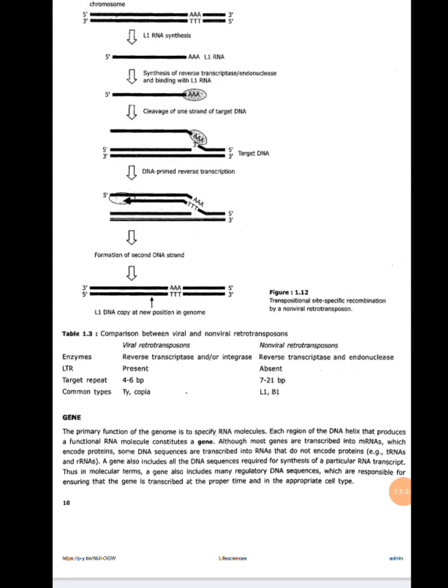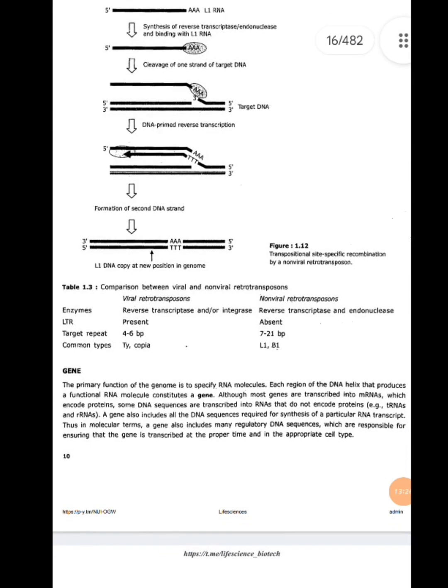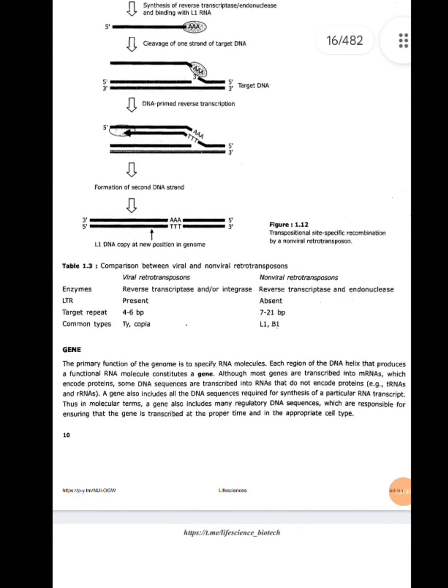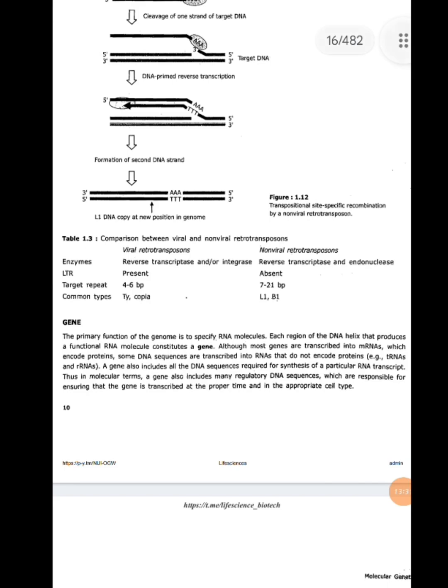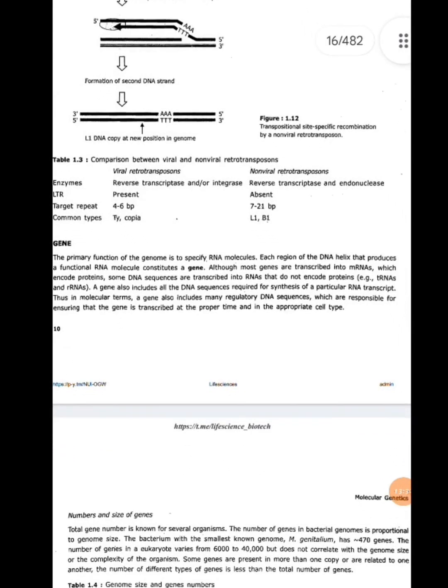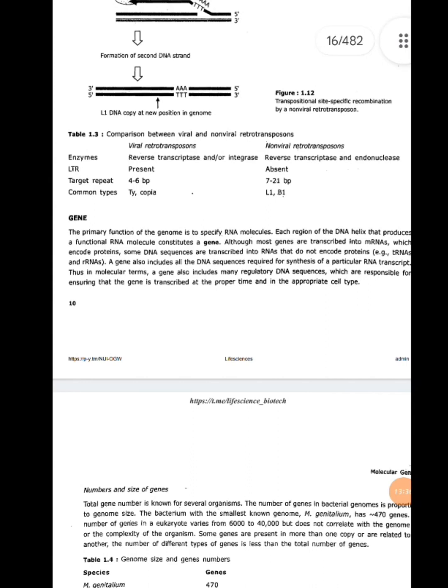Then there is cleavage of one strand of target DNA, and then DNA primed reverse transcription will occur, there will be second strand formation, and a new DNA copy is formed at the new position.